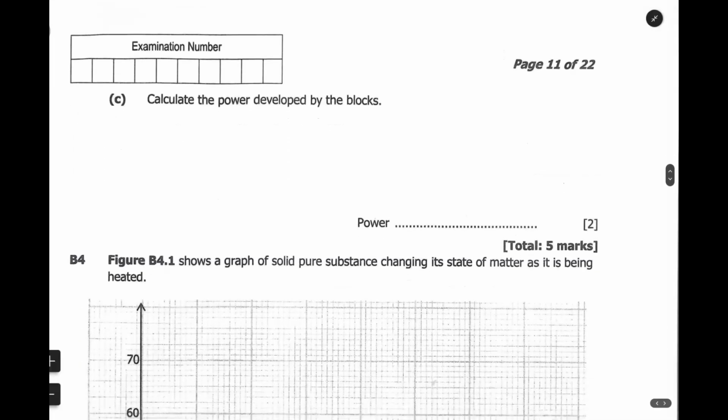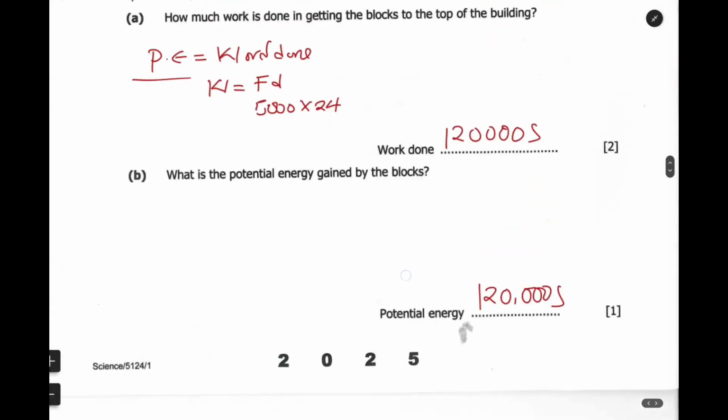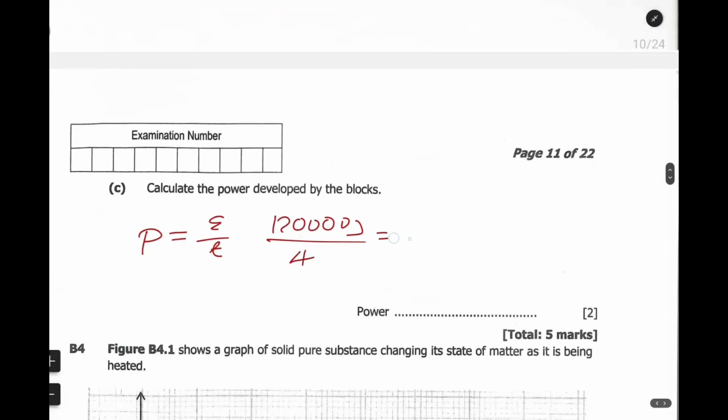All right, calculate the power developed by the block. So power is equal to energy over time. So what is the energy? 120,000 Joule. Divided by, what is the time? If we look at this, we are given 4 seconds. So divide by 4. What are we going to have here?